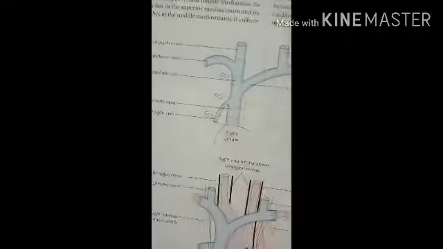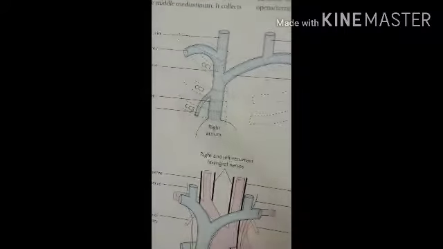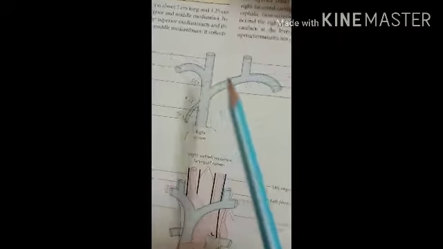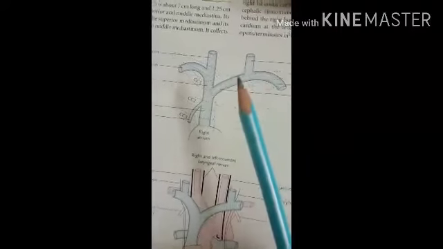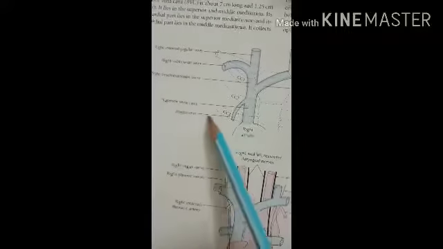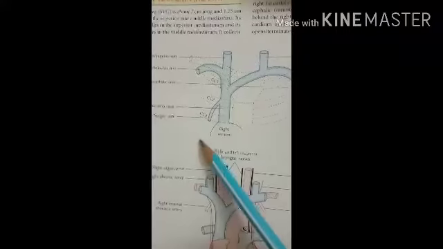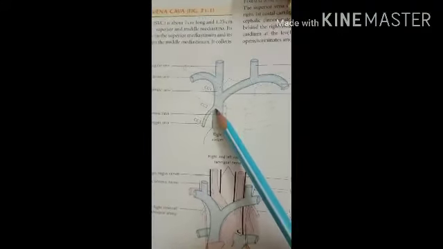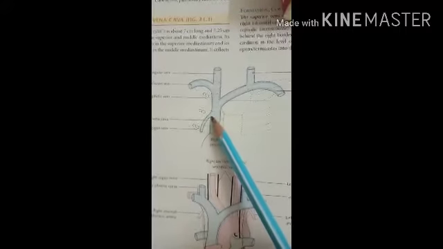Okay. Then the tributaries of the SVC. So first, the right and left brachiocephalic vein. So that is the right brachiocephalic vein and that is the left brachiocephalic vein. Then the next one is the azygous vein. So here you can see this is the azygous vein, which arches over the root of the right lung and opens into the SVC just before piercing the fibrous pericardium.